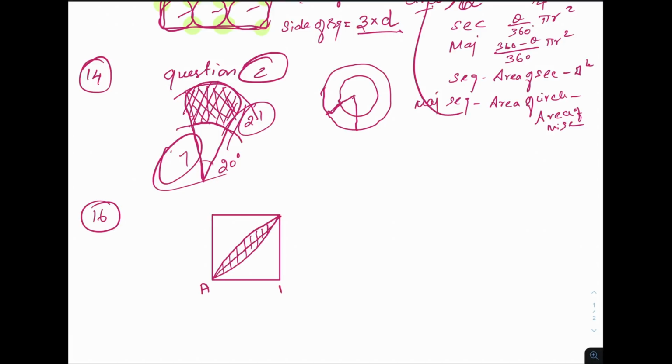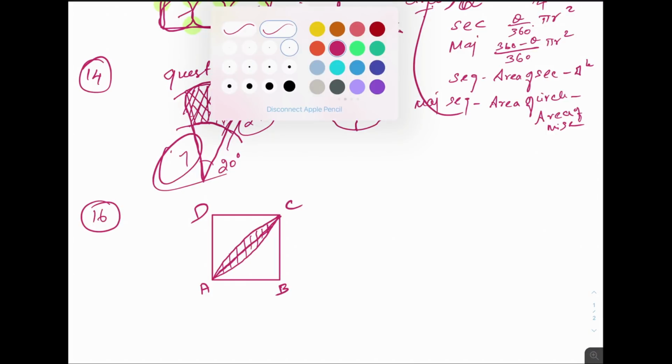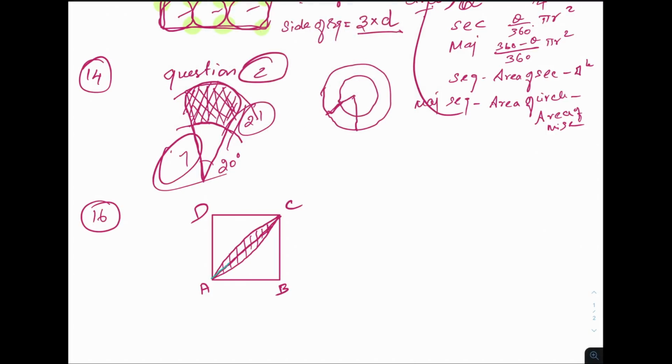So this is A, B, C and D. I have drawn a diagonal here. Now I can take this diagonal with this side of a triangle, which shows that this is a segment.